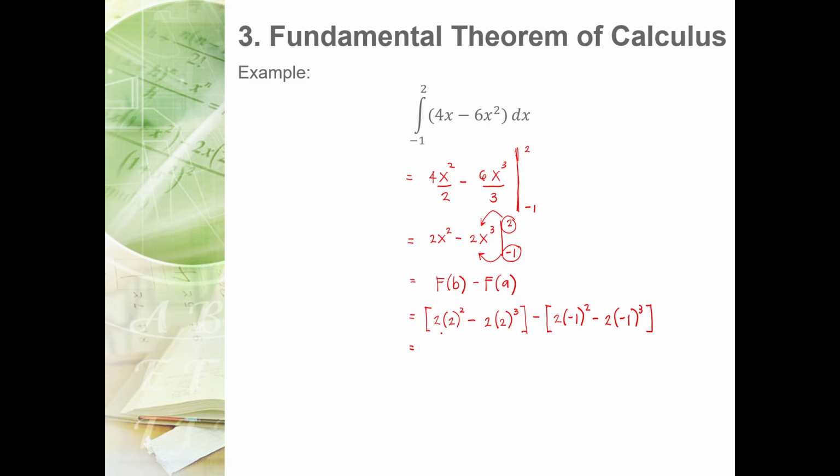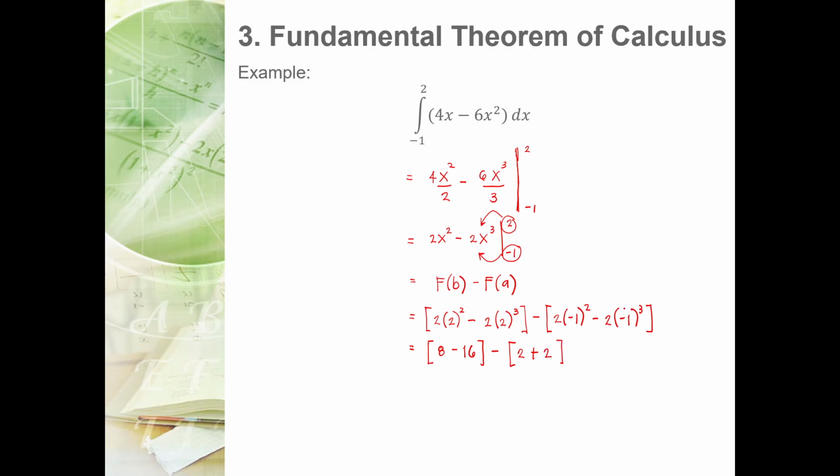So 2 times 2 times 2, that will be 8. Then 2 to the power of 4, that will be 16. And then minus, so this one is positive 2, so negative 1 squared is 1. Then the other one is negative 2 times negative 1 cubed, that will be positive 2.